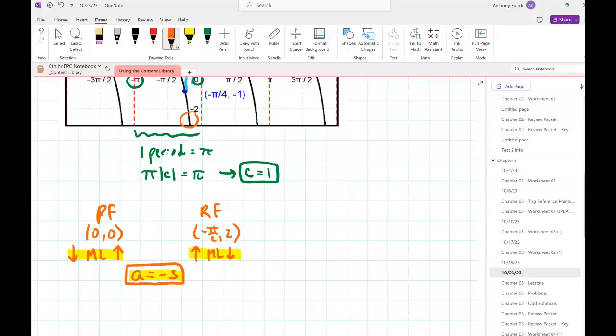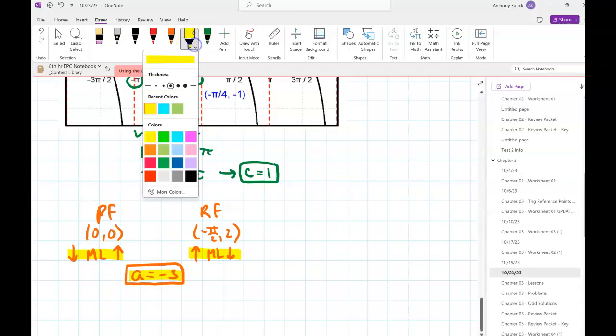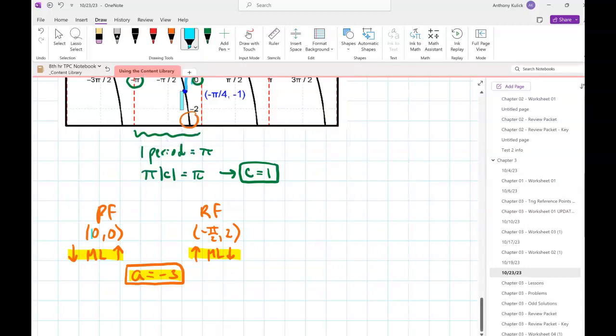My resultant function is up then down. And then if I look at the x coordinates, what should the h value be? Negative pi over 2. And that's all I need.